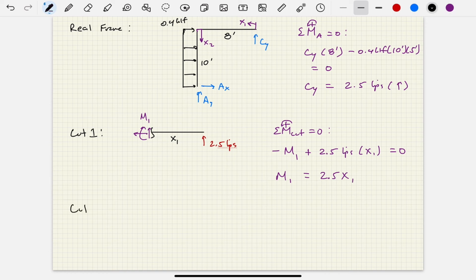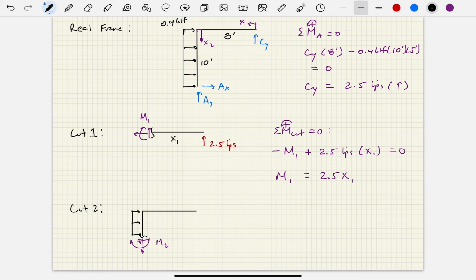We're going to call this one cut 2, and we're going to draw a free body diagram here. Here's that M2 at this cut, M2. And there's a normal and a shear force there that I'm not very interested in. And I do have a uniform load here now, right?